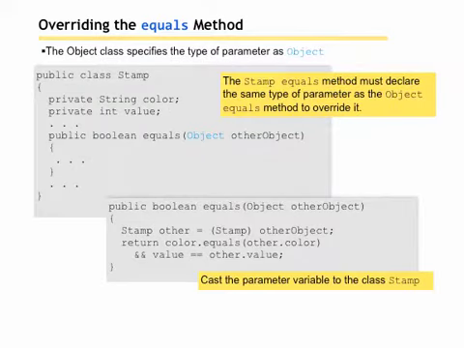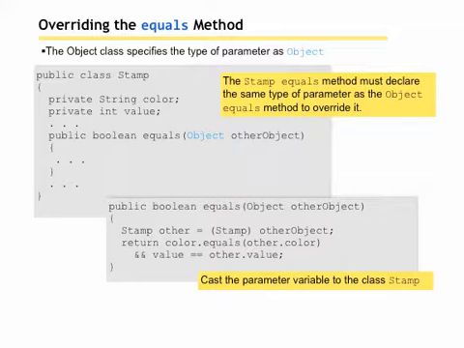So here's an example from class Stamp that has a color, which is a String, and a value, which is an int. And if we override the equals method, we first, inside the second gray box there, public boolean equals(Object other). So when we supply Object as our parameter, that means that we are overriding the superclass method.